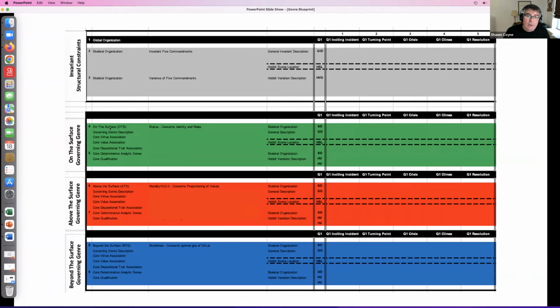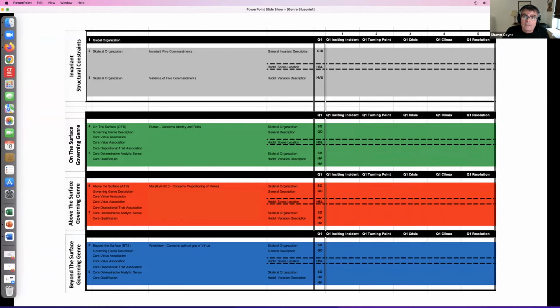Now, each of these, I'm going to walk through all of these details about what these genres are about. Okay, so we're going to get the governing genre description, core virtue association, core value association, core dispositional trait association, core determinative analytical sense, right?